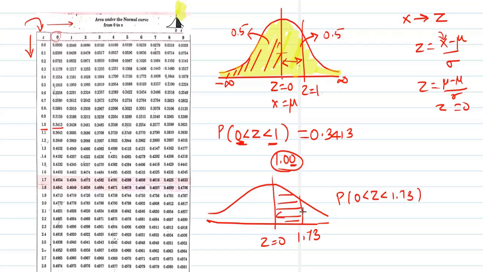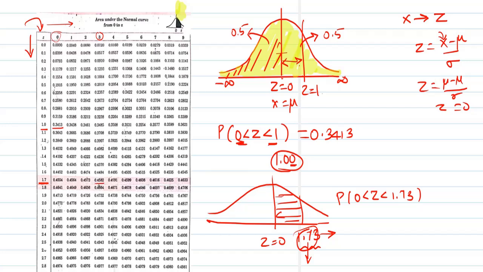How to get this value from the table? So 1.73: 1.7 you look vertically and 3 in the horizontal position. Where is 1.7? 1.7 is over here. And where is 3? 3 is over here. So just go and see where these 2 points meet. Where do 1.7 and 3 meet? Over here in this position.